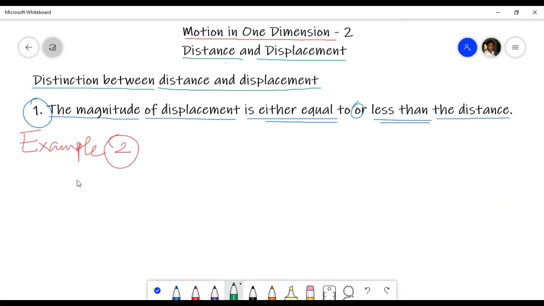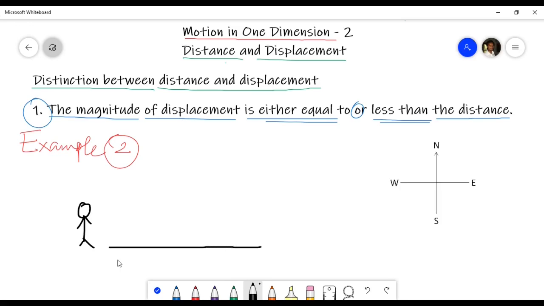Let's see the second example. Suppose a boy is walking on a straight path, and let's say the boy has to travel 4 kilometers.